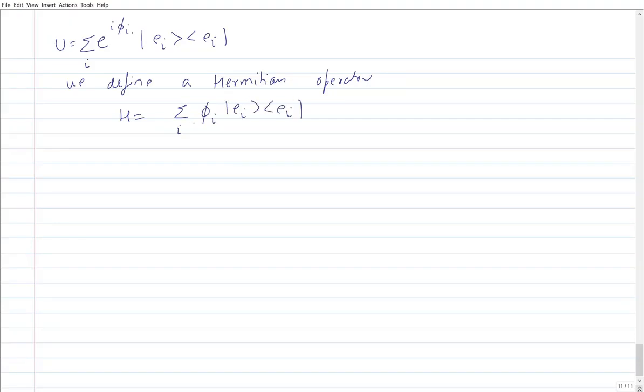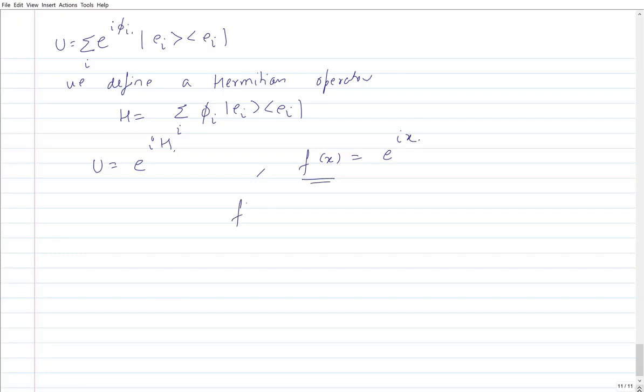Now U is equal to, as you can see, e to the power of iota H. So in some sense, let the function f(x) be the exponential function e^(iota x).